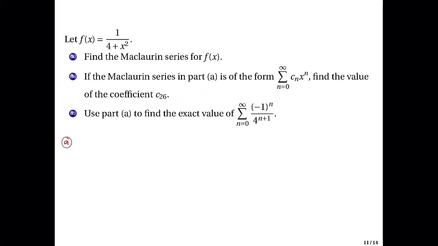So for letter A, remember, this is what we know. The series x to the n is just 1 over 1 minus x, provided absolute value of x is less than 1.